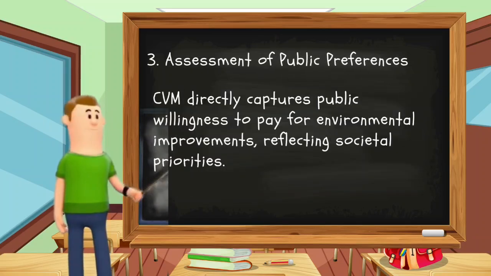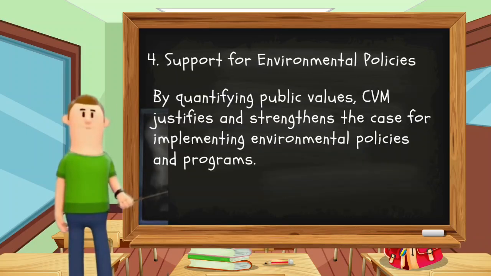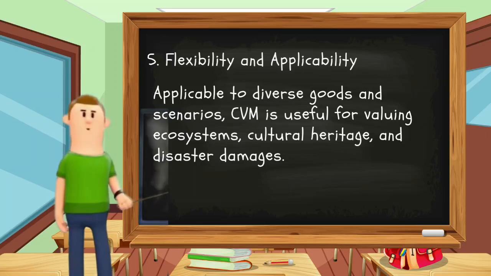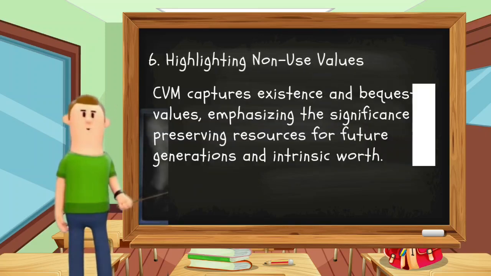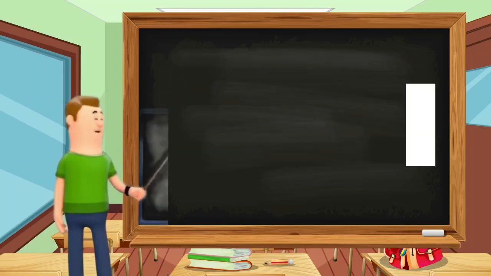It enables the assessment of societal priorities for resource allocation. It is a tool to promote environmental policies by reflecting public support and capturing non-use values. Its flexibility and applicability make it a valuable tool across different contexts. Lastly, it helps in benefit-cost analysis to ensure efficient investment in environmental projects.